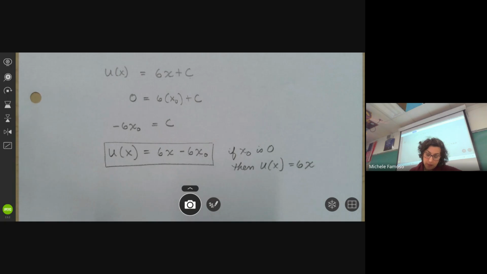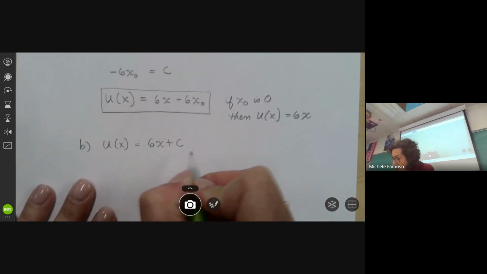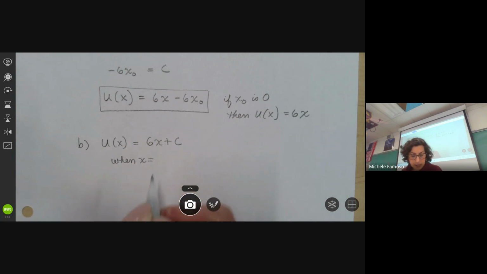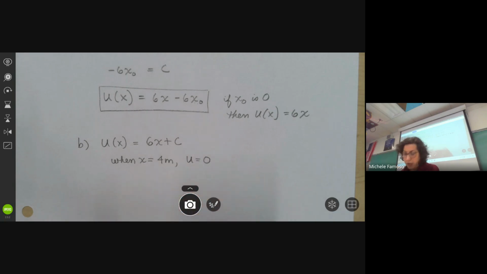Now let's go to part B. Part B wants you to find the potential energy such that the potential energy is 0 at 4 meters. So we know the generic formula for the potential energy is 6x plus c. But now they're telling you that when x equals 4 meters, the potential energy is 0.